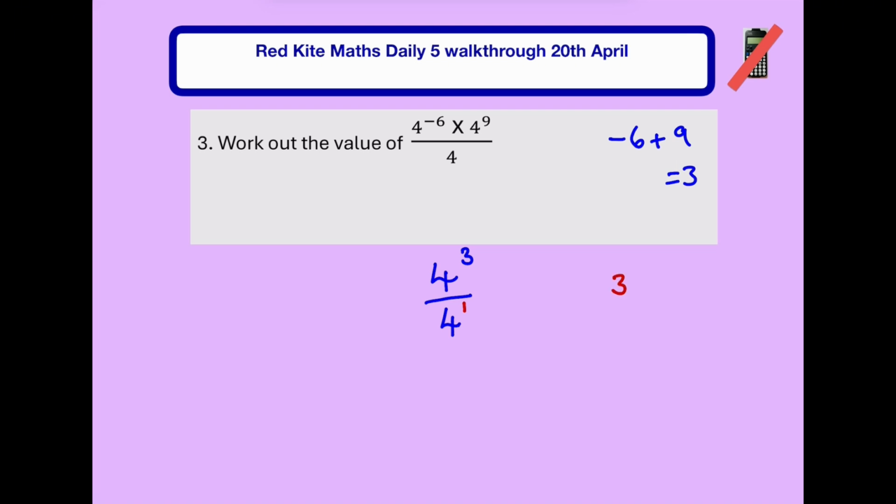So we simplify this by doing 3 minus 1, which equals 2. We're now left with 4 to the power of 2, which is 4 squared. And 4 times 4 is 16.